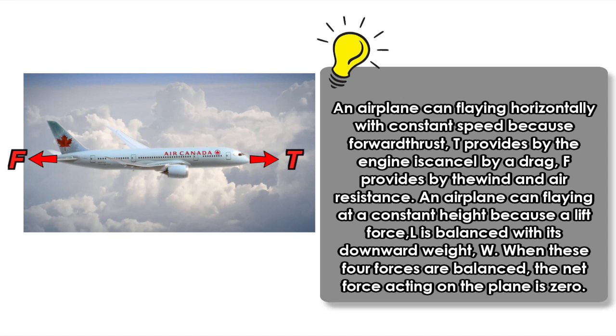Besides that, an airplane can fly at a constant height because the lift force is balanced with its downward weight W. So, when these four forces are balanced, the net force acting on the plane is 0.